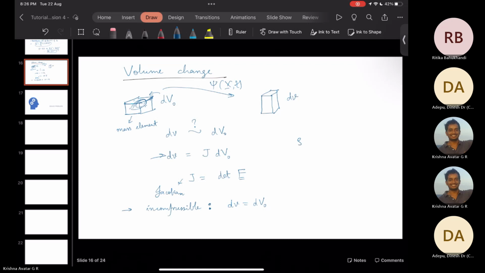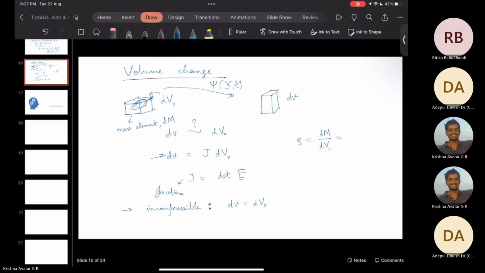Then the way we define density is by the mass element, dm divided by dV naught, where I'll just call it capital M to be consistent with our notations. However, for scalars it doesn't matter.